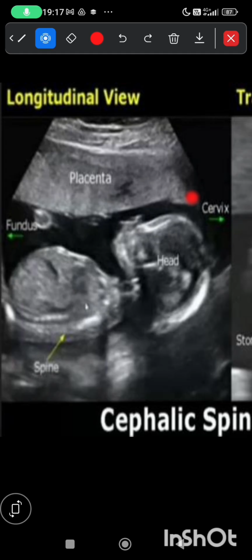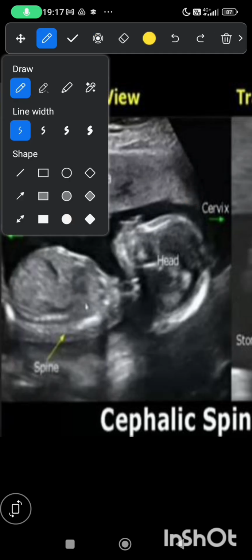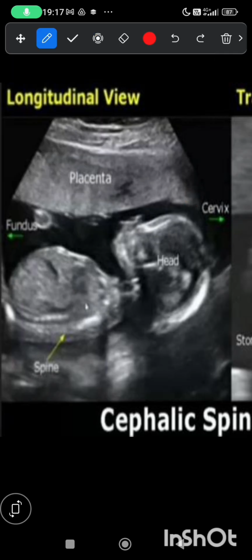The left. Yes, because if it is obtained with the probe in transverse orientation, this marker side is going to be right and the opposite will be left. So this is transverse, head toward maternal left, and if the head is toward the right side, then it is head toward maternal right side.